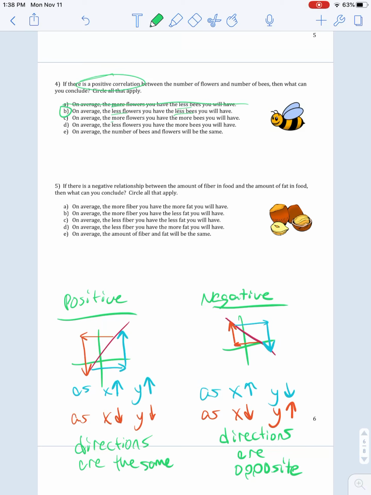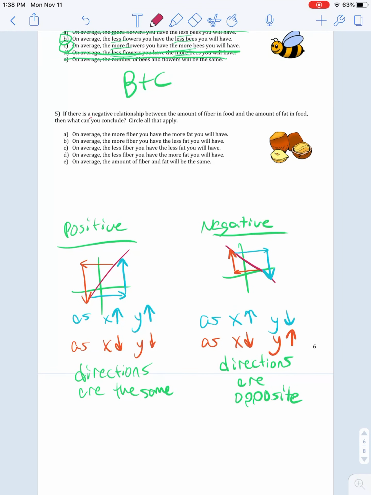On average, the more, we like that. That's also positive. For D, less, more, not going to work. Opposites. On average, the number of bees will be the same. That doesn't make any sense. That wouldn't be a good growth relationship, a positive relationship. So B and C would represent a positive relationship.